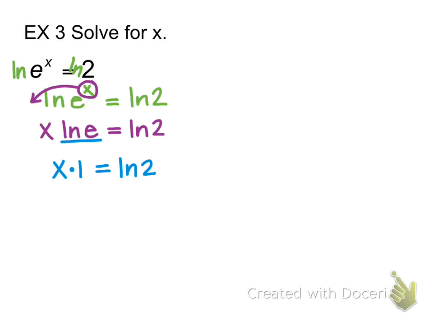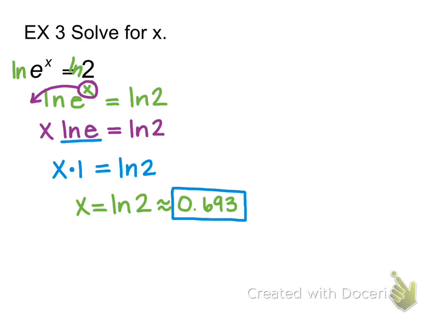So x times 1 equals the natural log of 2. So then I just need to find out what the natural log of 2 is. So I type natural log of 2 in my calculator, and it is approximately 0.693.